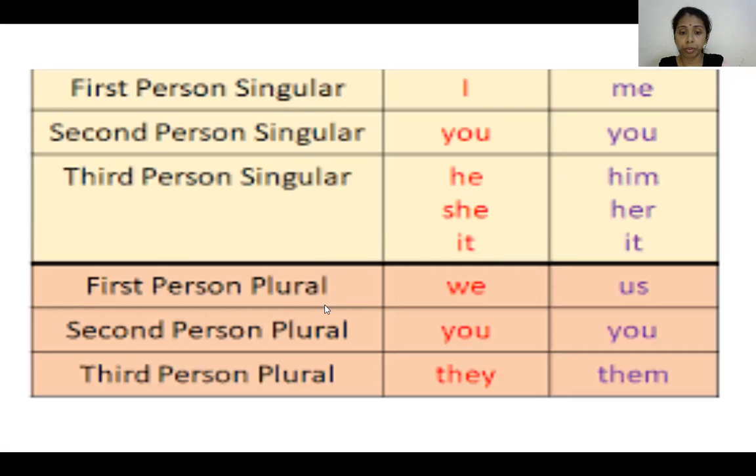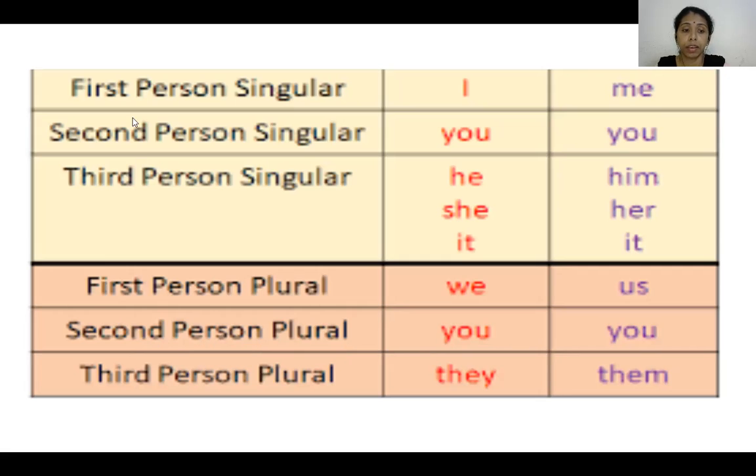Now we will come to the plural number. First person plural number pronouns are we, us. We and us, those pronouns are used with first person plural number. Second person plural: you, you.